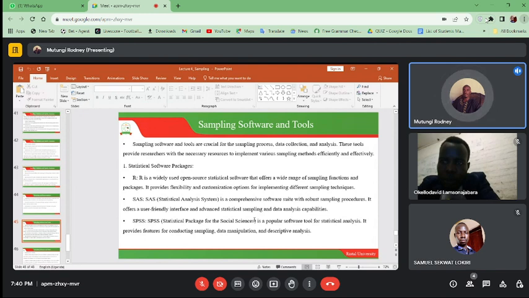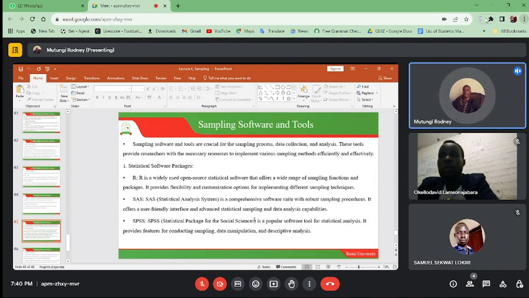Okay. So if you go to the field, you collect a lot of data about employment, tribe, education, marital status, religion, all that, the nutrition levels. That is a lot of data. So you need to analyze it so that you can come up with things that can make a lot of sense, or what is regarded as information, especially to those stakeholders.